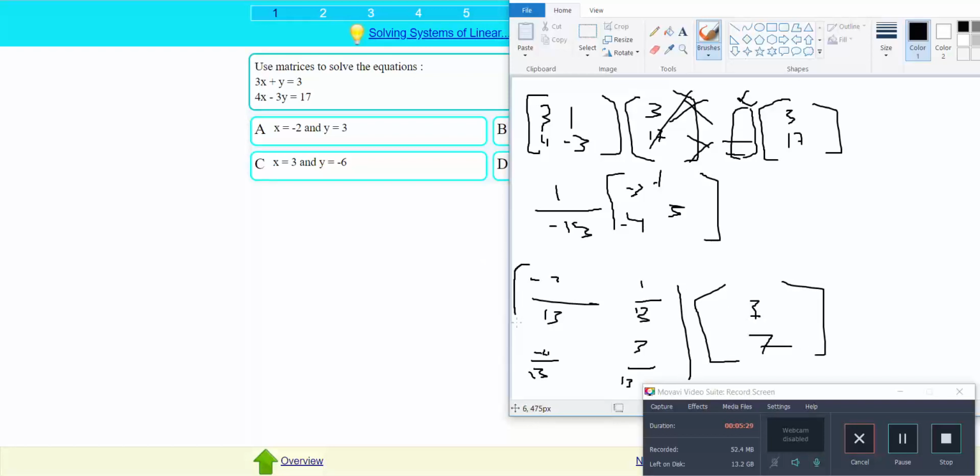So if we are to multiply this by this, it's this plus this multiplied by this, right?